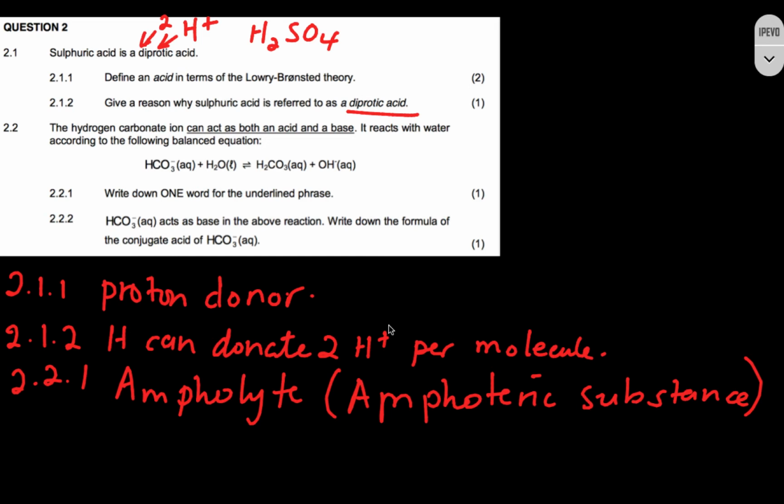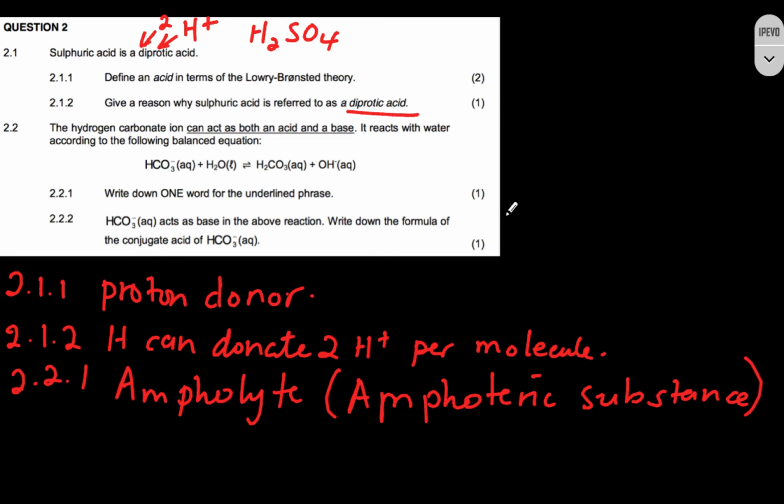An ampholyte, those are substances that when you add an acid to them, they're going to react as bases, and when you add a base to them, they're going to react as acids. And many of the conjugate bases for polyprotic acids are going to act as ampholytes.